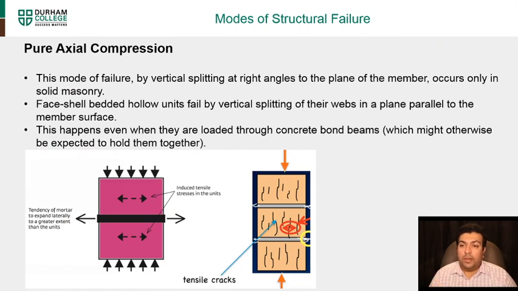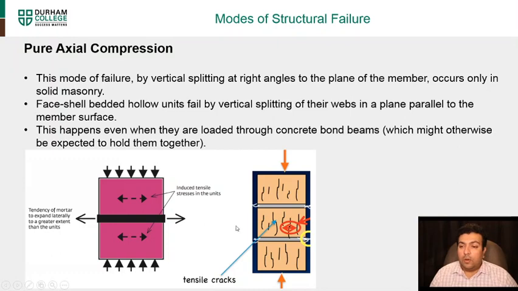This mode of failure, by vertical splitting at right angles to the plane of the mortar, occurs only in solid masonry. Face shell bedding hollow units fail by vertical splitting of their webs in the plane parallel to the member surface. This happens even when they are loaded through concrete bond beams, which might otherwise be expected to hold them together.